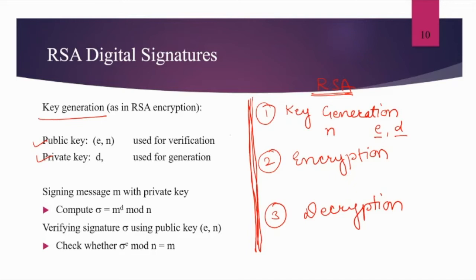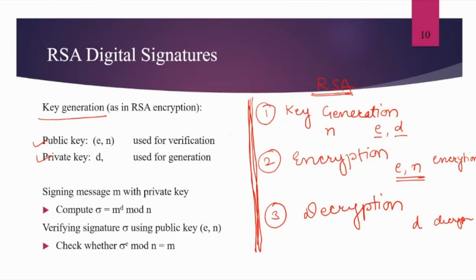In RSA, E and N of the receiver are used at the time of encryption, whereas D is used at the time of decryption. Now here, this is reversed.